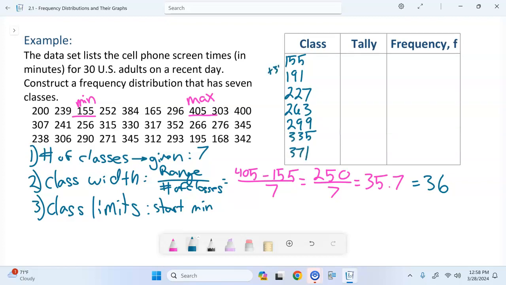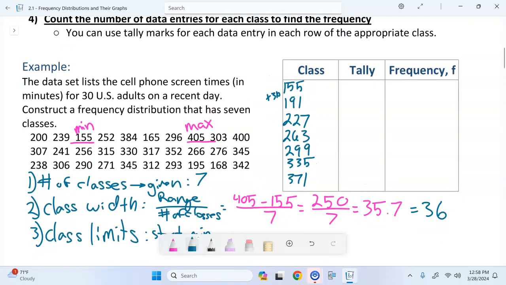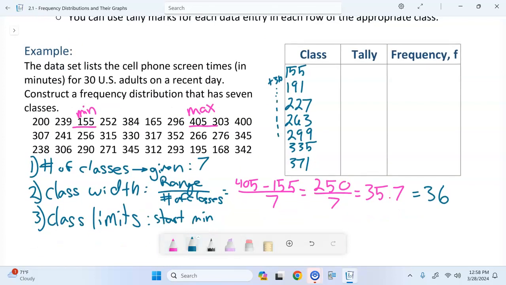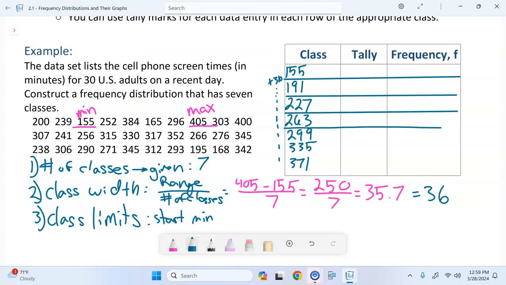So we just added 36 over and over, all the way down until we got all 7 lower class limits. Okay? There's all of our lower class limits.